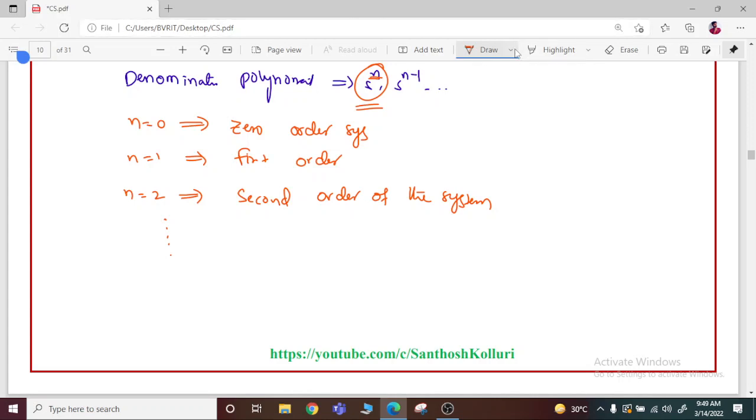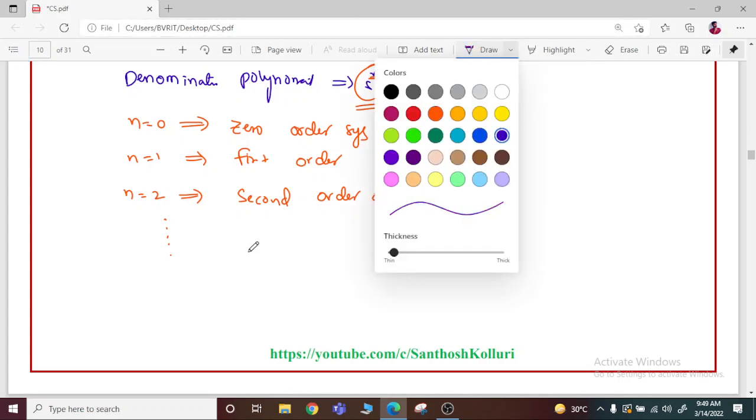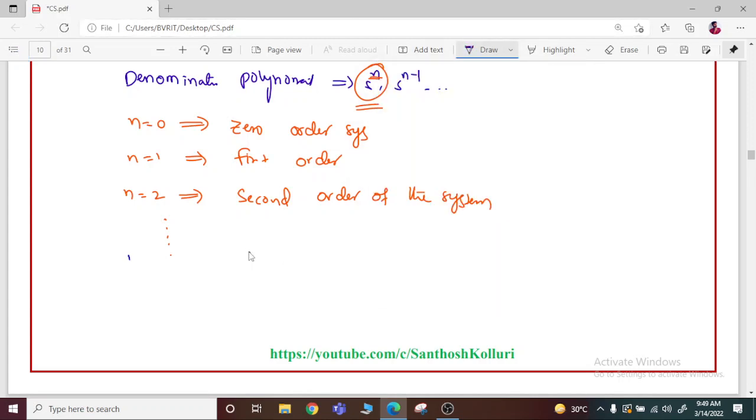Here I can write the transfer function with numerator polynomial as p of s and denominator polynomial as q of s. So I am factorizing the above polynomial equations with respect to the roots of the polynomials.